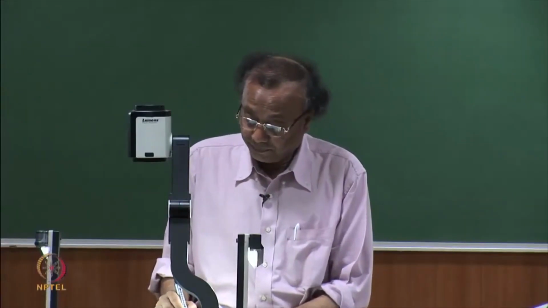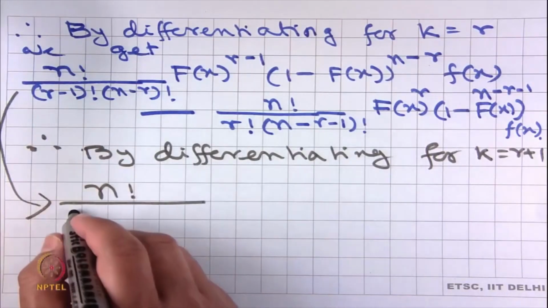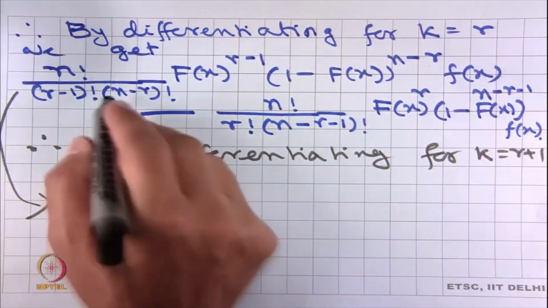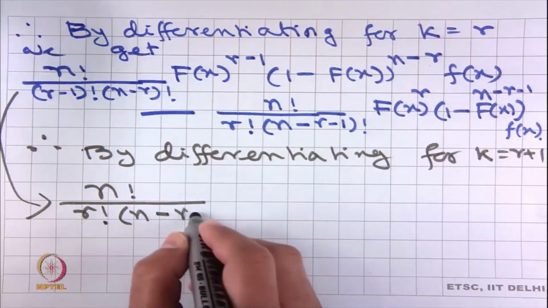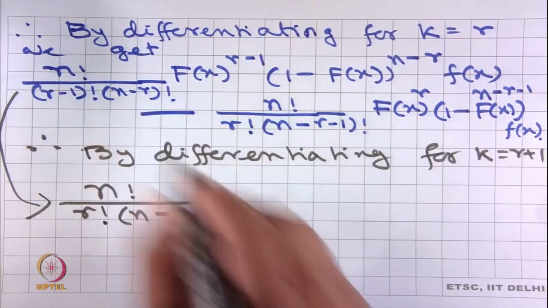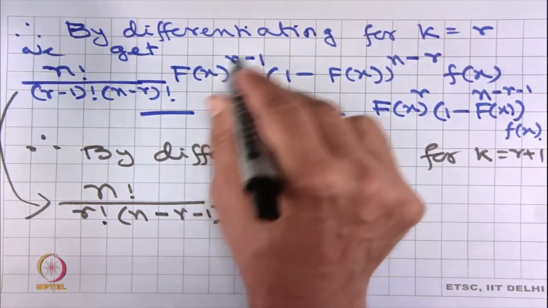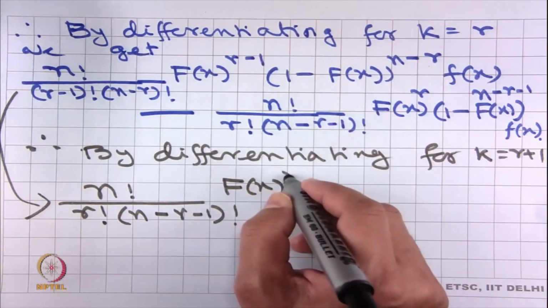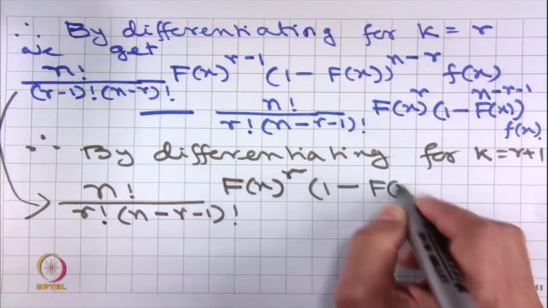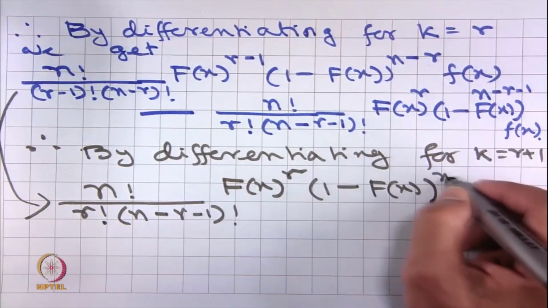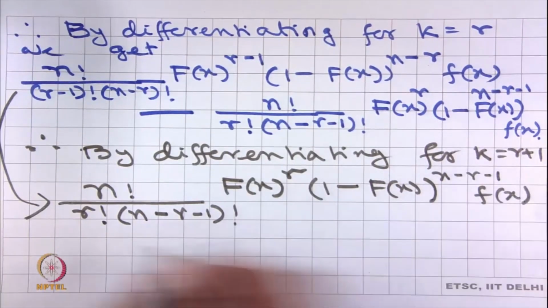So, what we will get is n factorial upon r factorial, n minus r minus 1 factorial, because I am subtracting r plus 1 now, f(x) to the power r plus 1 minus 1, which is r, (1 minus f(x)) whole to the power n minus r minus 1 into f'(x).